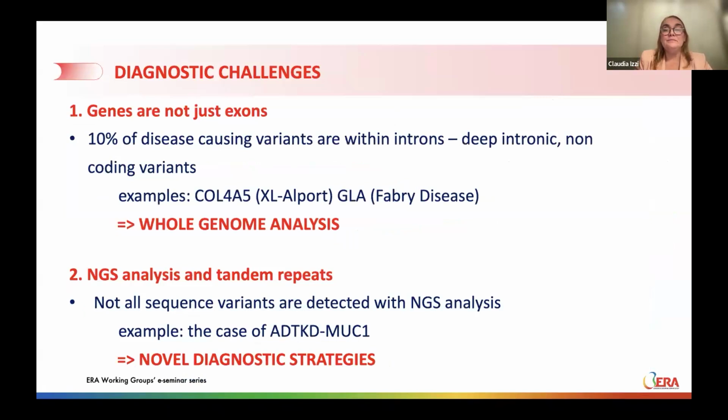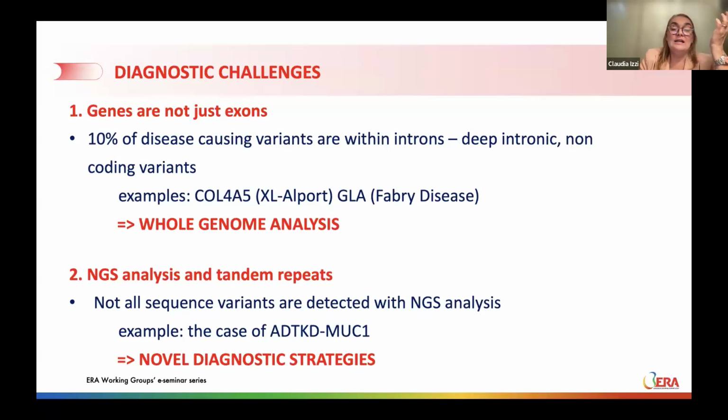So there are some challenges when we perform our diagnostic testing. We have to remember that genes are not just exons, so we also have deep intronic variants in non-coding regions of our genome, and there are some examples as in Alport syndrome or Fabry disease, and so we have to think that maybe whole genome analysis will discover these variants.